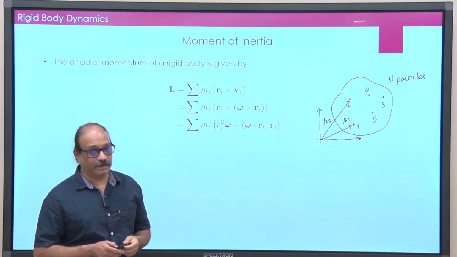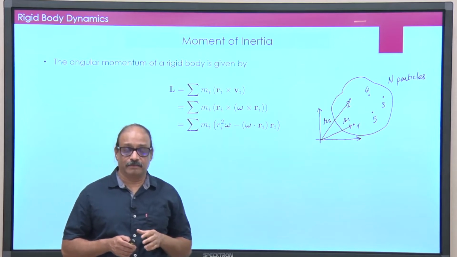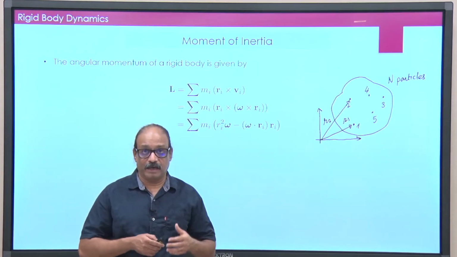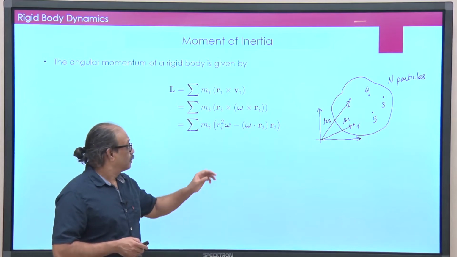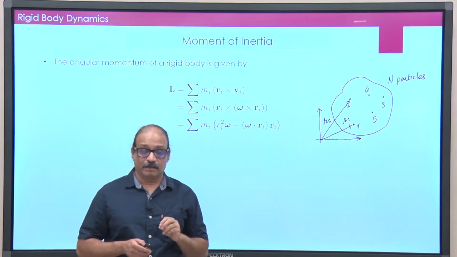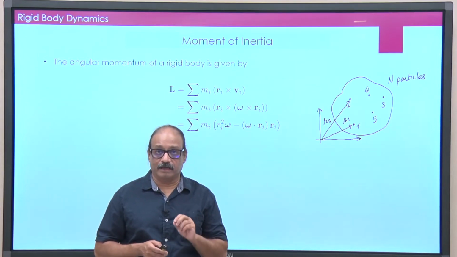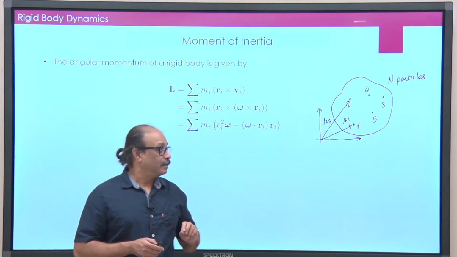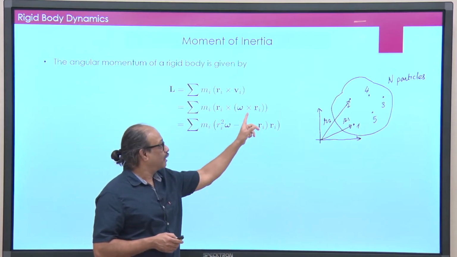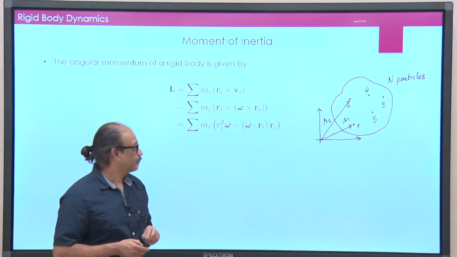But then because this is a rigid body and its motion has this peculiarity, we know that the velocity of each point at every instant can be written as omega cross r_i, where this omega is the instantaneous angular velocity. Okay.